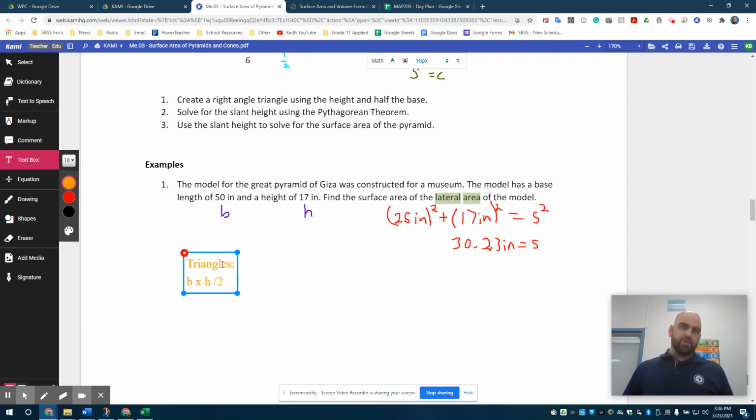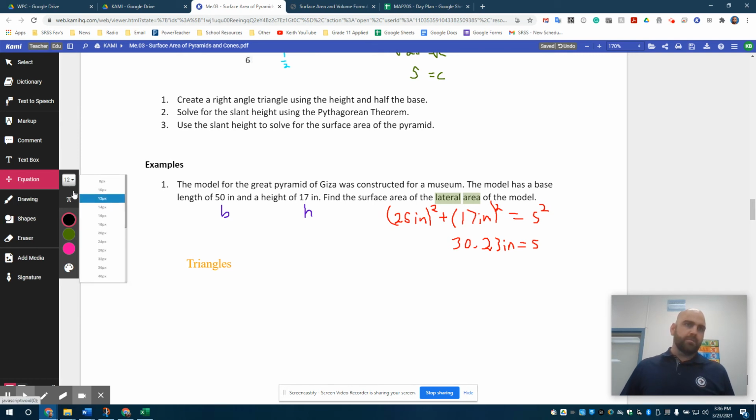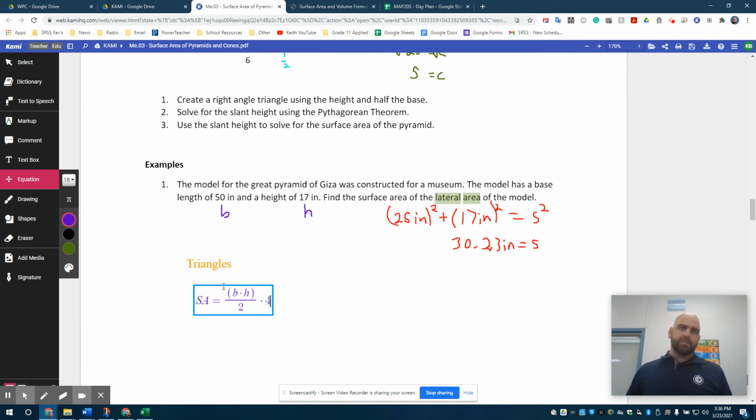A little bit basic due to the fact that my math symbols are not working for me right now. Surface area is equal to base times height divided by 2, and we're going to multiply that by 4 because there are 4 triangles. And really that is all we need to do.